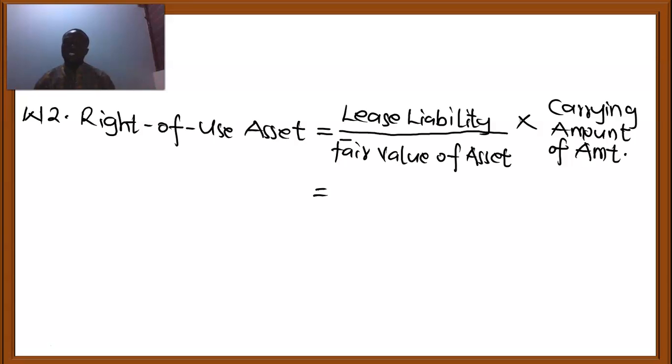So we just calculated the lease liability, and it was 1,895,400.